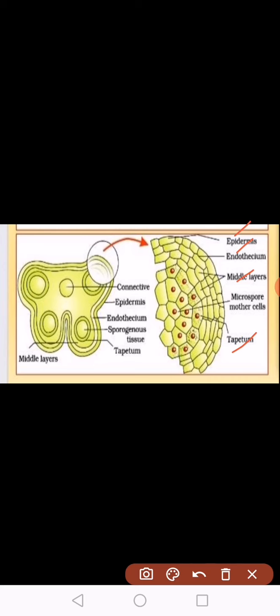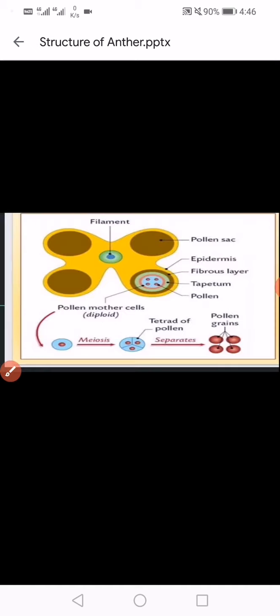In a young anther, each microsporangium has sporogenous tissue at the center. It consists of compactly arranged homogeneous diploid cells called sporogenous cells.